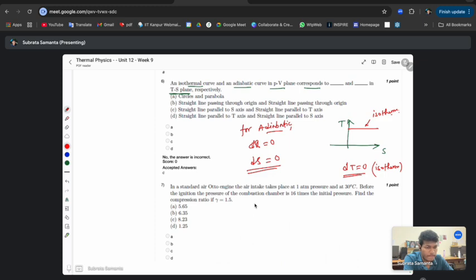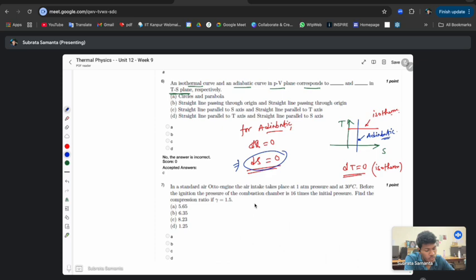So this is basically something like this, and this is your adiabatic. What about the values of T? The variation of entropy is 0, because dq equals TdS. So this is adiabatic and this is isotherm.